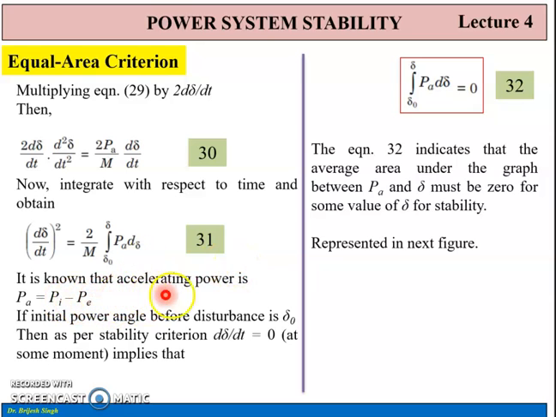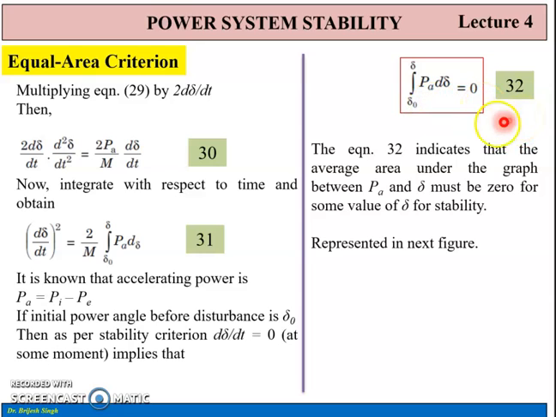So it is known that the accelerating power Pa is equal to Pi minus Pe. The difference between the mechanical power input to the generator and the generated electrical power is known as accelerating power. If the initial power angle before disturbance is delta 0, then as per the stability criteria, d delta upon dt is equal to 0 at some moment, which implies that integration over delta 0 to delta of Pa d delta is equal to 0.